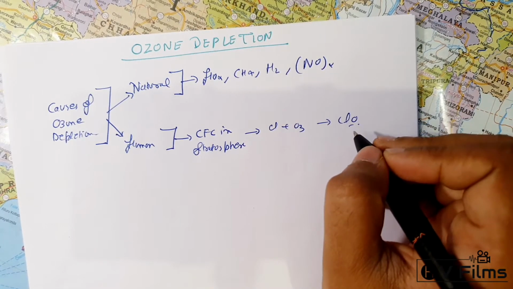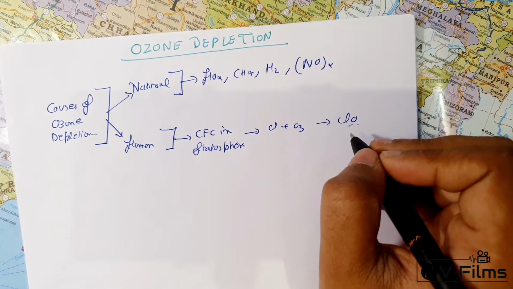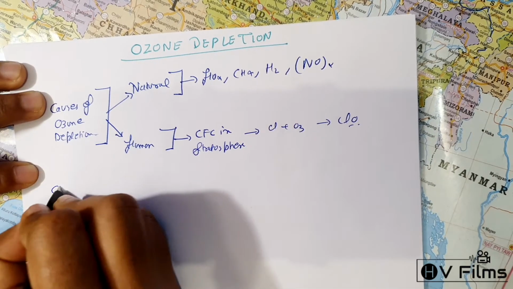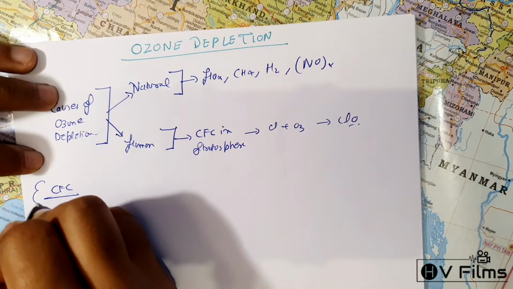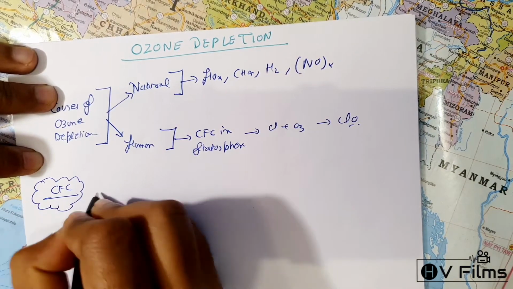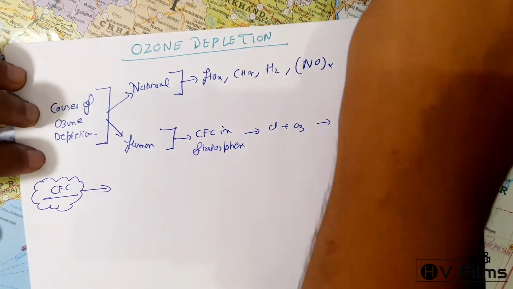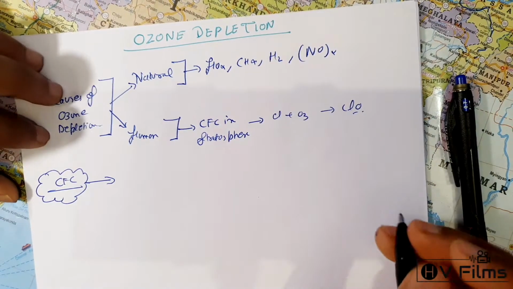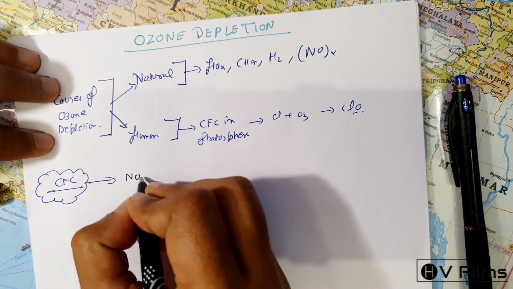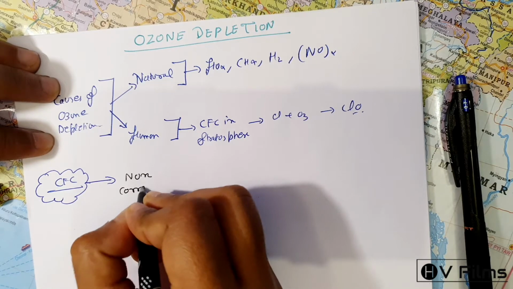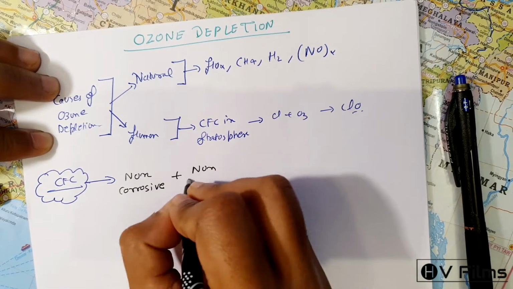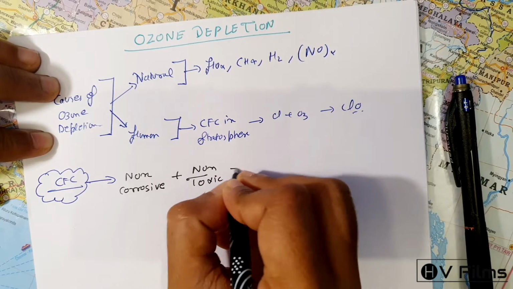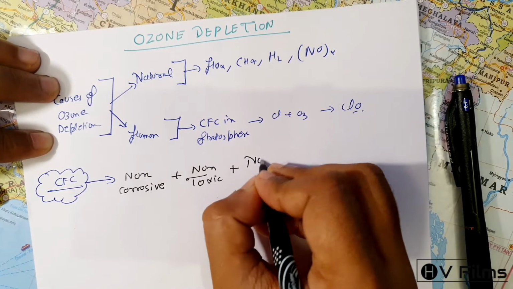So let's first jump on the CFC, which is the very first gas which depletes the ozone. The very first thing we need to know about the CFC is that it is non-corrosive, plus it is non-toxic, plus it is non-inflammable.